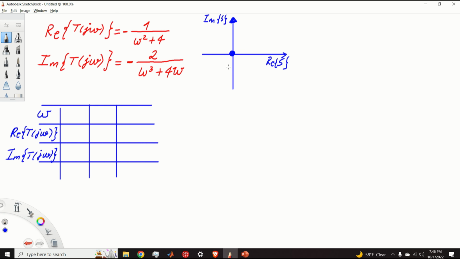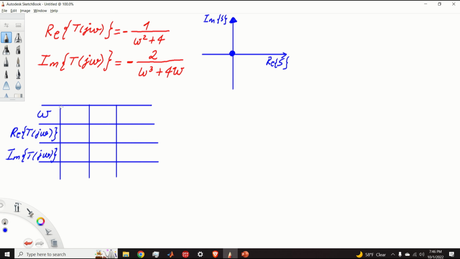That is, when sketching the Nyquist plot, you sketch it for omega varying from small positive values to infinity, and you simply mirror the plot in order to get the complete plot that shows you how the real and imaginary parts of T of j omega vary as omega varies from minus infinity to plus infinity.